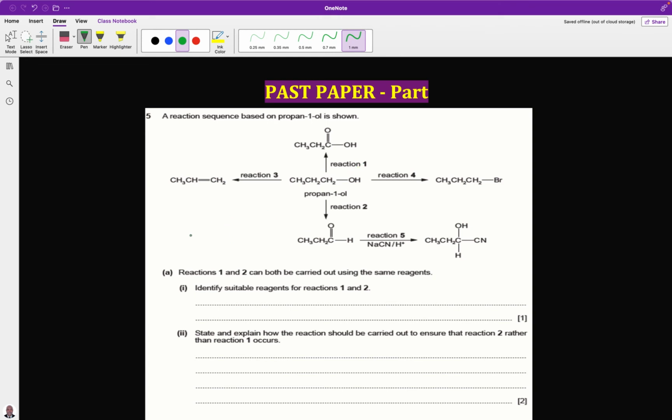You could either use excess acidified potassium dichromate 6 solution.